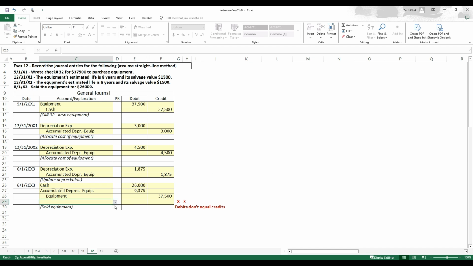In this instance, we would have a loss on the sale for $21.25. That's because the net book value, or the equipment historical cost less the accumulated depreciation, was worth more. That was $28,125, but you only got $26,000 in cash. So since the cash received was less than the net book value, you had a loss on the sale of that equipment.